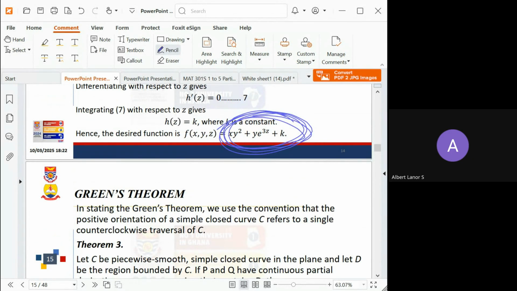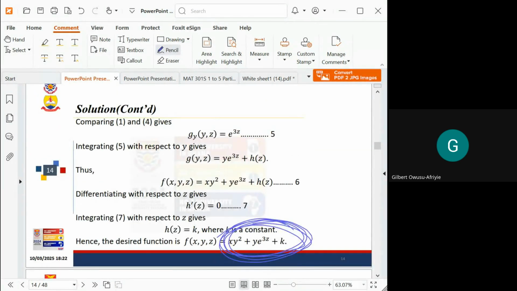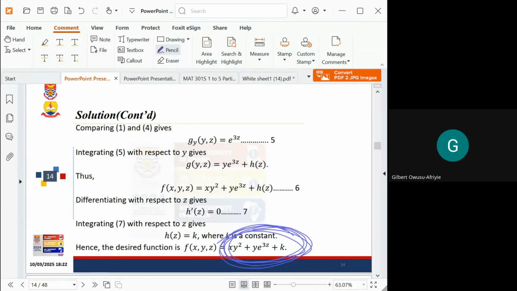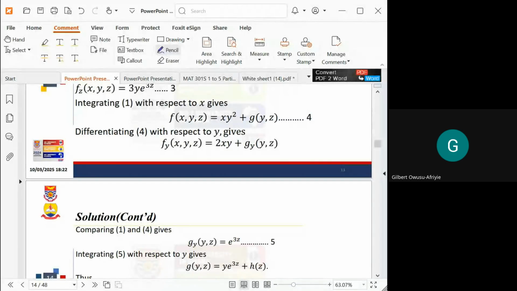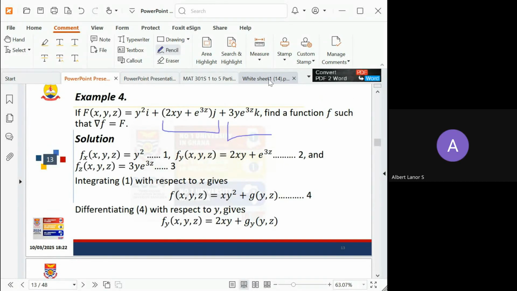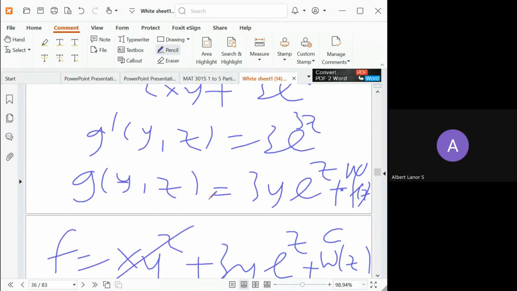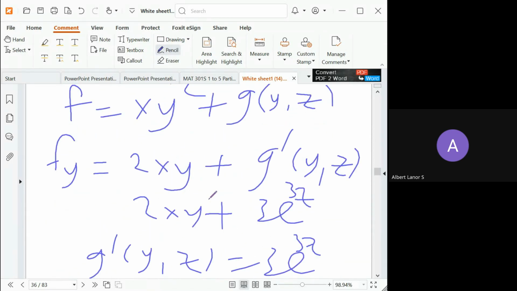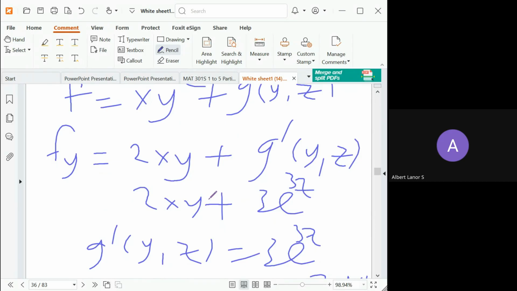Sir, from the slide here, you have y e^(3z), but what you wrote, you brought 3y e^z. Here there's no 3. Yeah. So what happened was that there was an error.